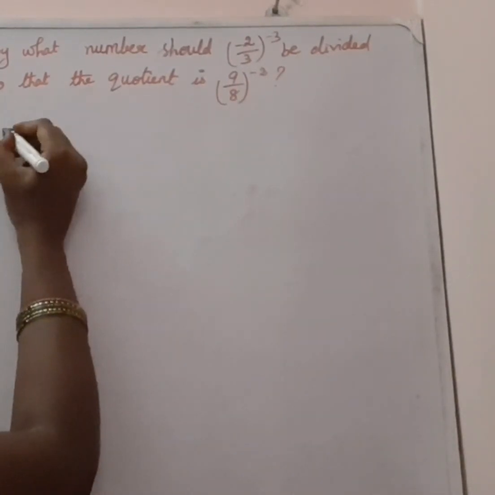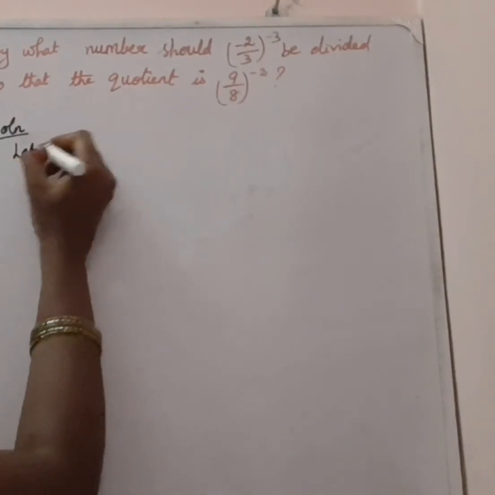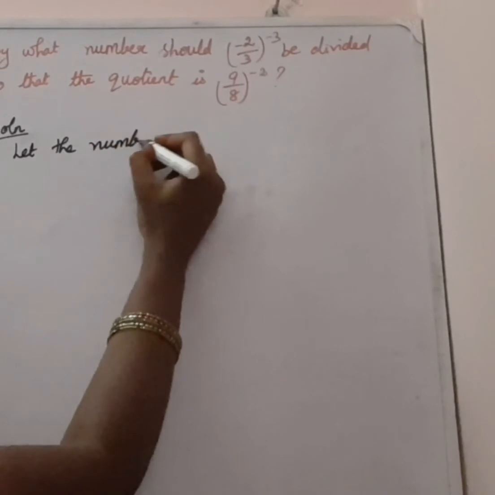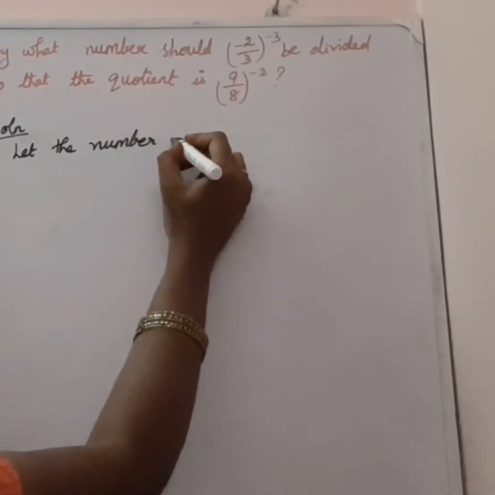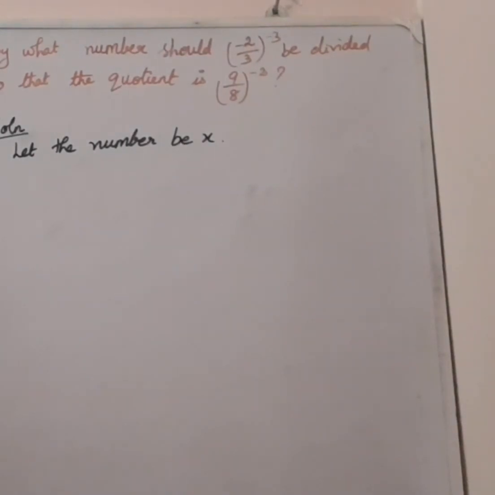Okay, so in the solution part, what is the first step if we have an unknown number? Let the number be x. Very good. Because if we have an unknown number, we will take that as x.